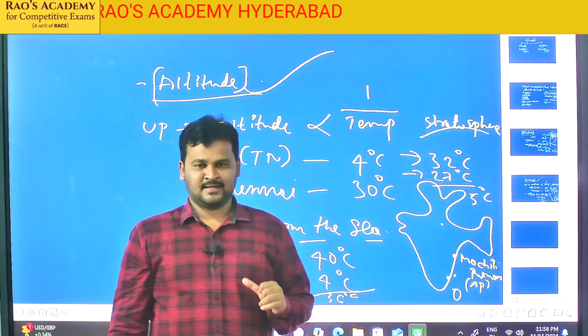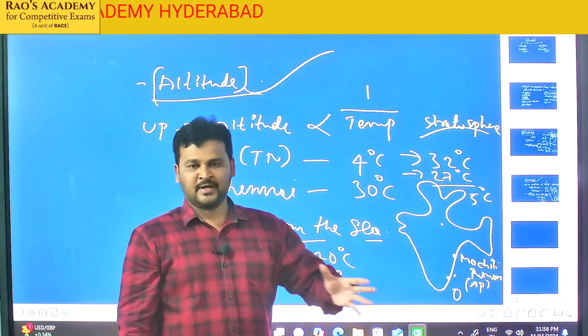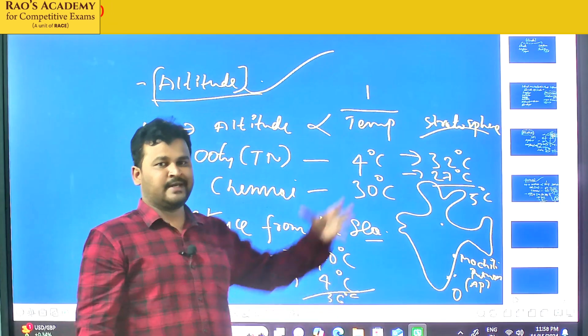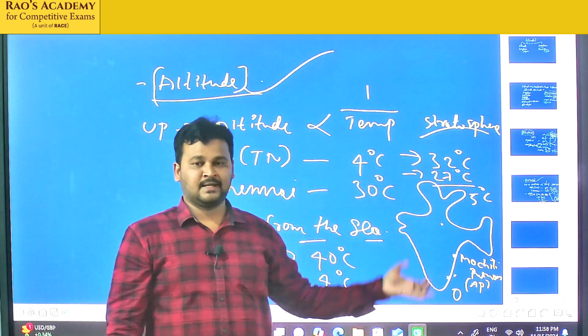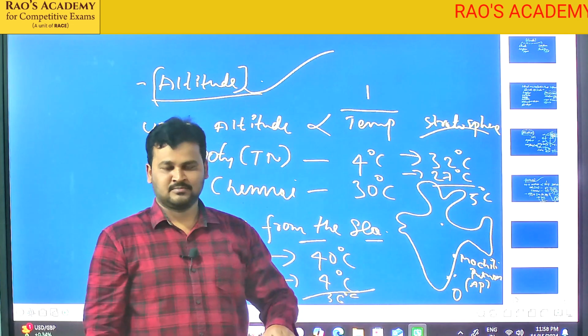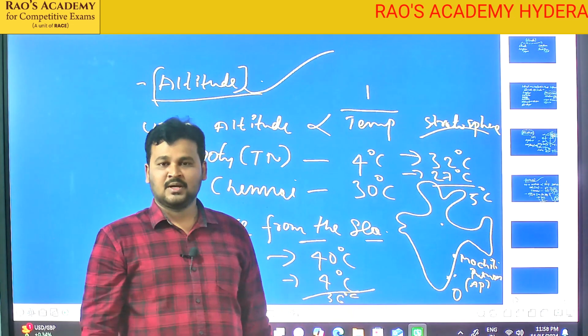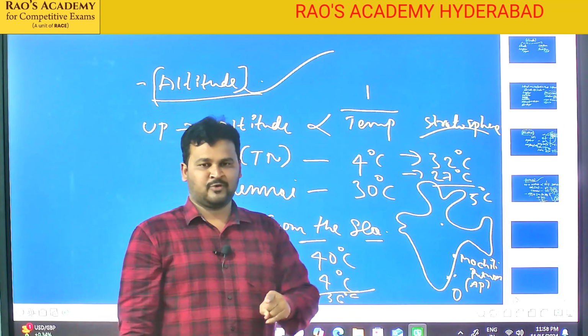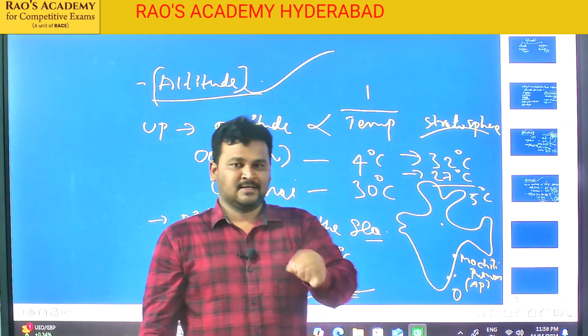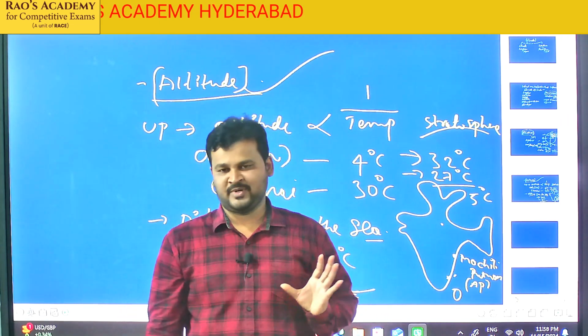The reason is that Machilipatnam is very near to a coastal area or water body, whereas Delhi is very far away from ocean bodies like the Arabian Sea, Bay of Bengal and Indian Ocean. So concluding, why is this happening? There are two types of phenomena: one is the marine phenomenon, and the second is the continentality phenomenon.